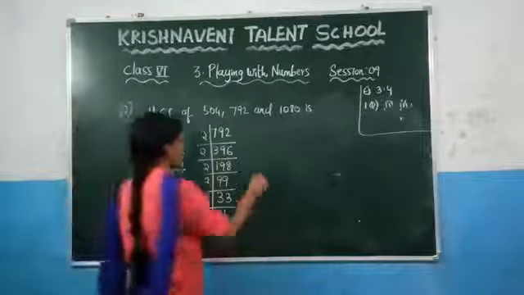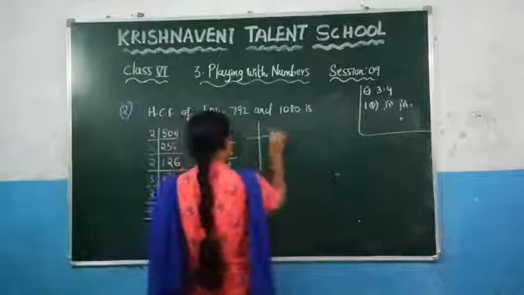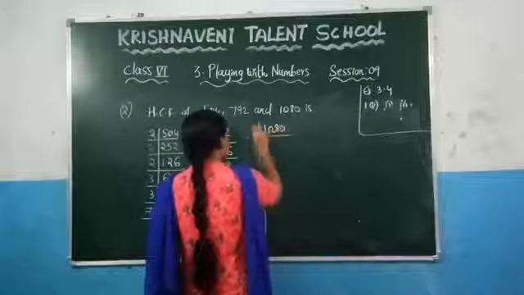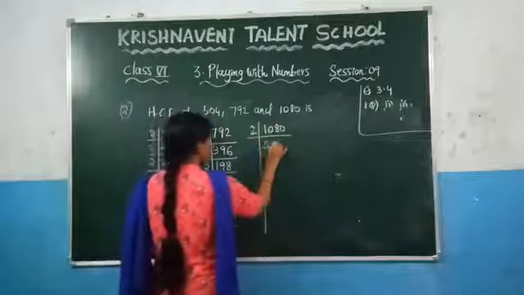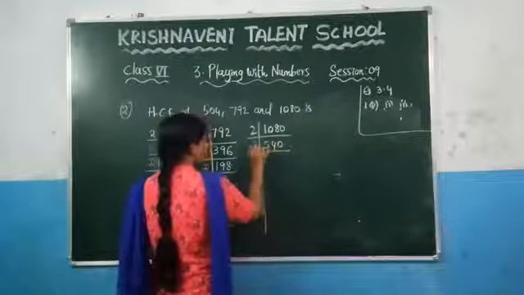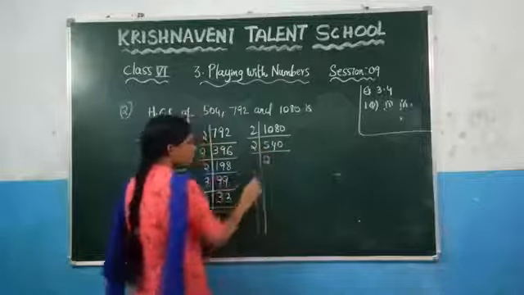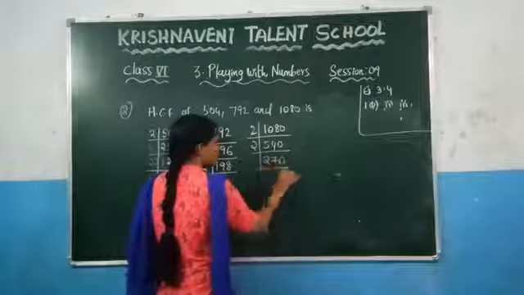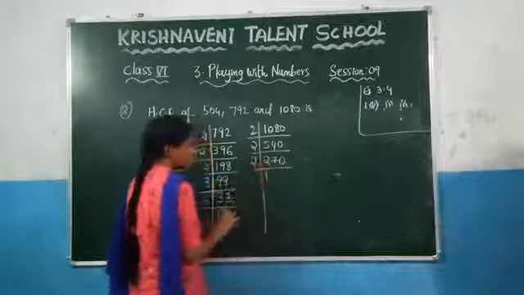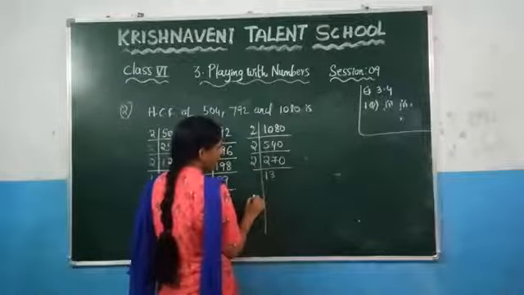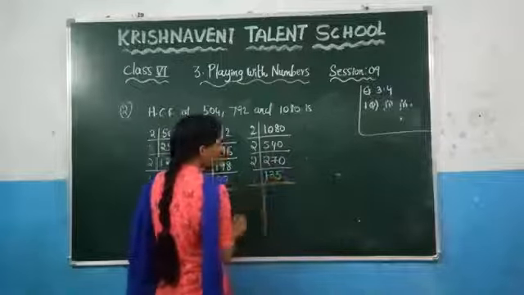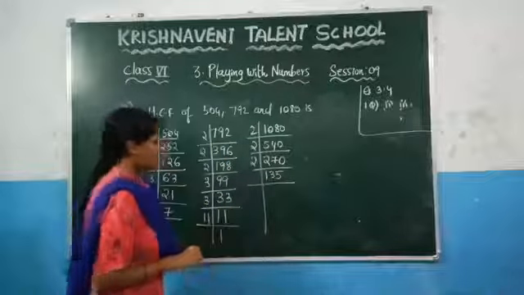Now take the next number, which is 1080. It is divisible by 2. You know that 2 5s are 10, 2 4s are 8, 0. And again here 2 2s are 4, 2 7s are 14, 0. And again here 2 1s are 2, and after that 2 3s are 6, and after that again 1 will remain, 2 5s. And it is divisible by which number?